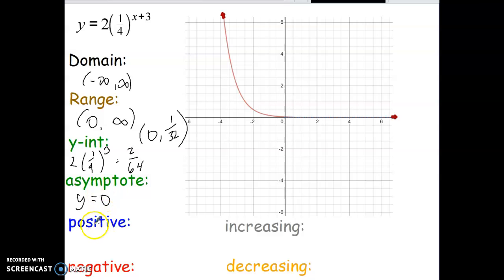All right, positive. Where is this one positive? Where is it above the x-axis? Well, all the time, because it never reaches the asymptote, which means it's negative none of the time. It's increasing none of the time. In fact, this one is always decreasing. All right, so that is all the key features of my graph.